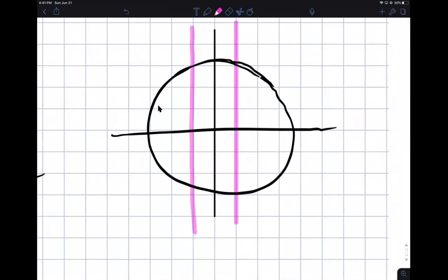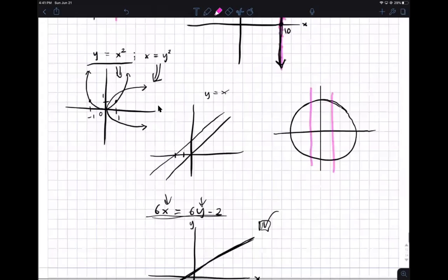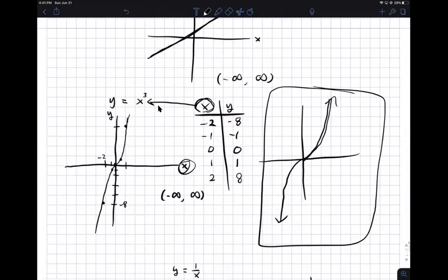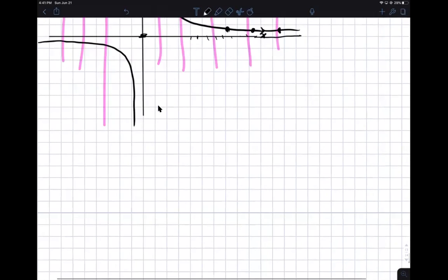What do you think, Gabe? Is it a function or no? No, that's not a function. You both got it right, because the vertical line test told us it's not a function.